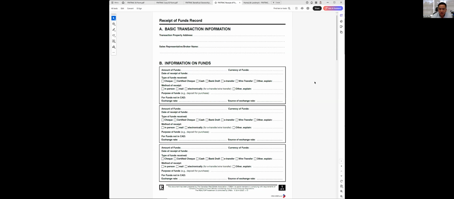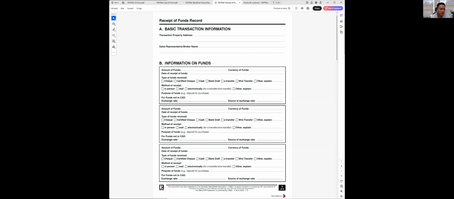The next form I'm going to cover is the receipt of funds record. Anytime you're receiving money, it could be a check or a bank draft. As a policy, we don't take any cash at all.